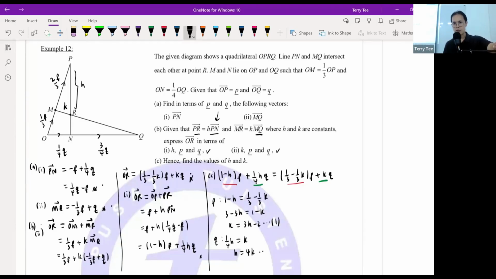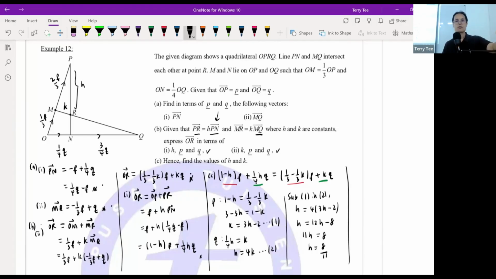h is 4k. So let us sub 1 in 2 or 2 in 1, doesn't matter. The moment you sub in, your h is now 4 of 3h minus 2. h is 12h minus 8, 11h is 8, h is 8 over 11. Wow, this is so long, right? I've got my h already.